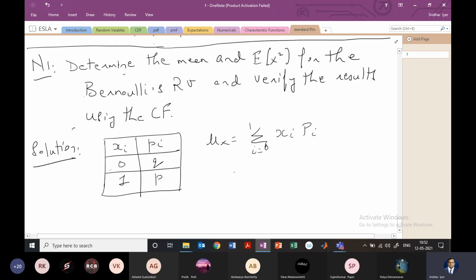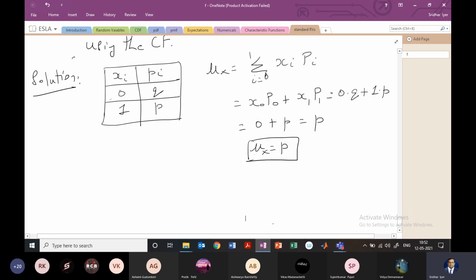Now substituting the values, first you will get x0 p0 plus the second value x1 p1, where x0 is 0, p0 is q, x1 is 1, and p1 is p. 0 into q will give you 0, so you'll have 0 plus 1 into p, which is p. Therefore the mean value of a Bernoulli random variable mu x is just p. So it corresponds to the probability that you will get for the value 1. If you would have kept the probability as q, the mean value would come as q. So it depends on how you format your table.